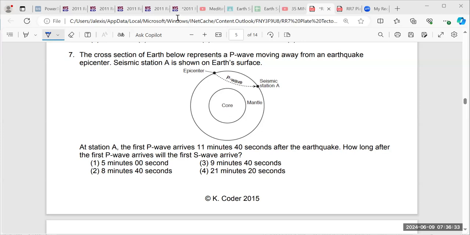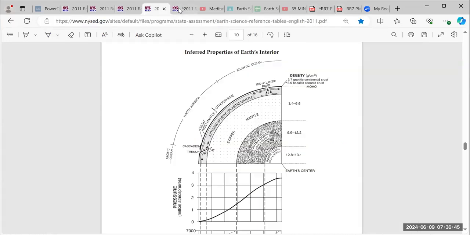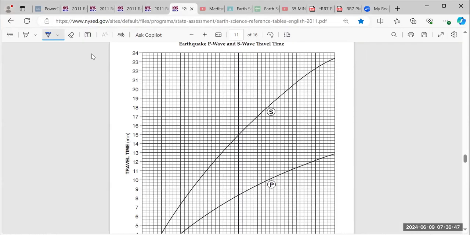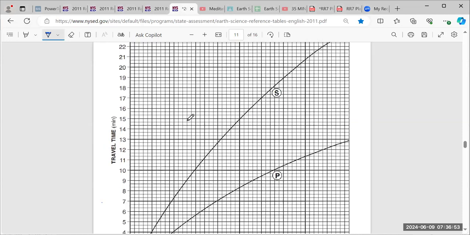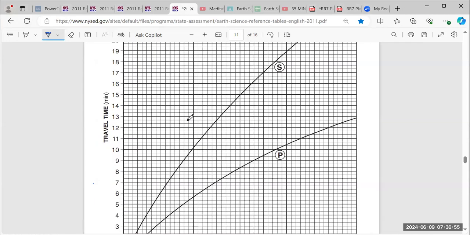All right, so we need to go to page 11 of the reference tables and remember this number, 11 minutes and 40 seconds. I'm going to zoom, and 11 minutes and 40 seconds is right here, right?